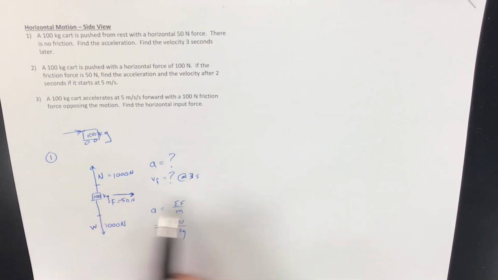This is a horizontal acceleration problem, so a_x is equal to net force x over m. And you get an acceleration of 0.5 meters per second every second. Also called meters per second squared, but meters per second every second helps this thing make sense in that direction. It is a vector, so make sure it is a vector in your problem solution.